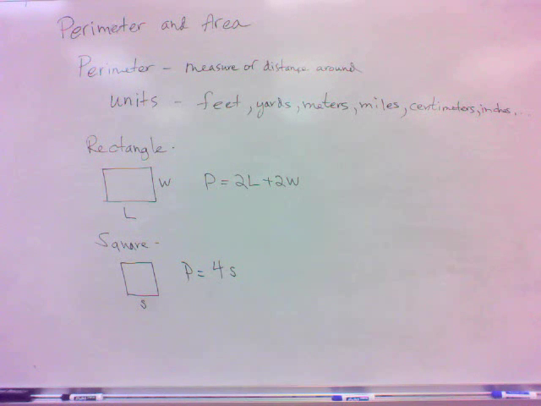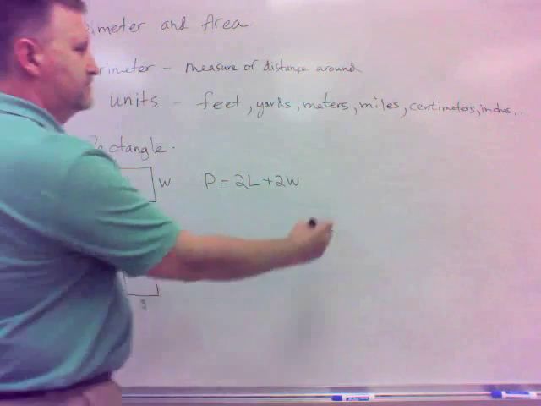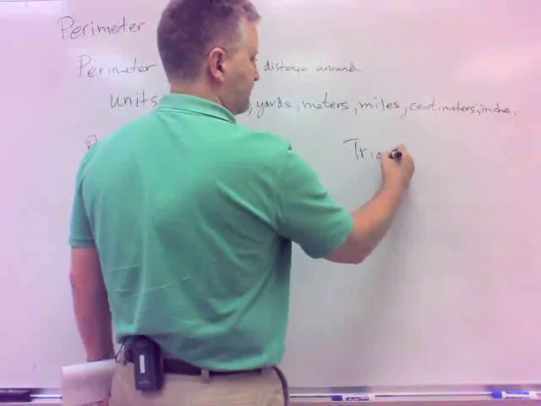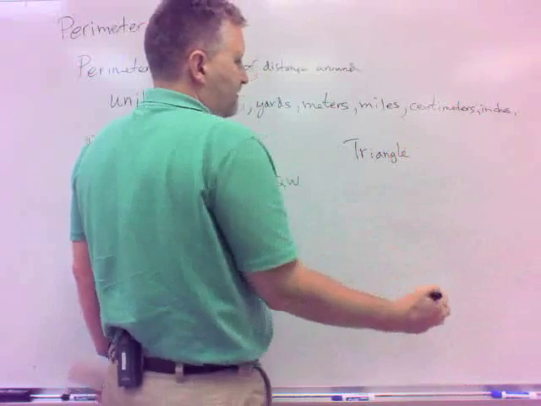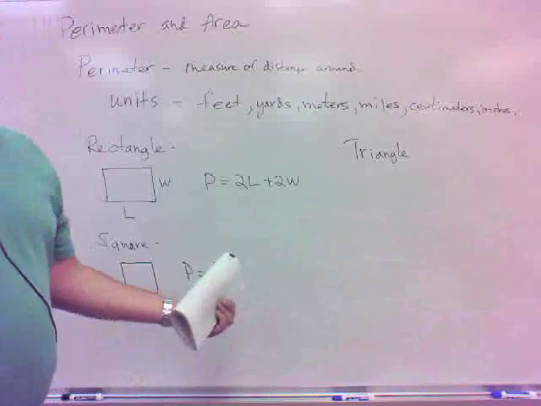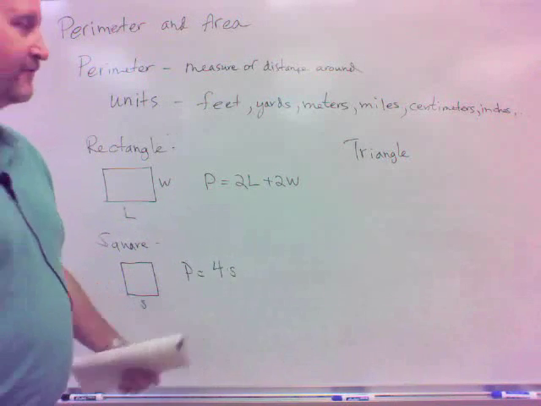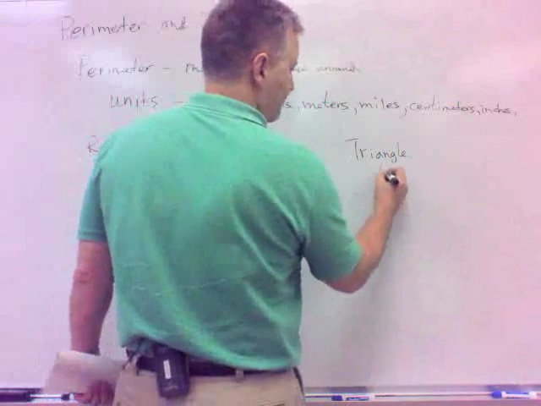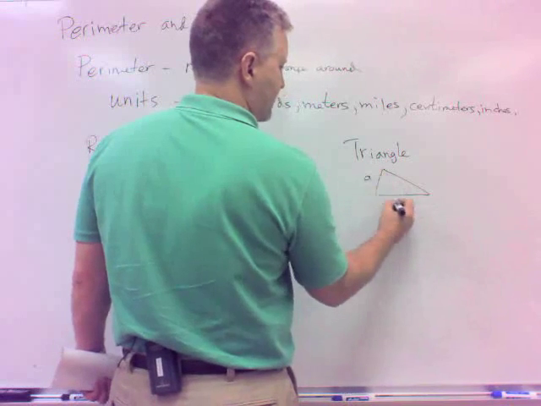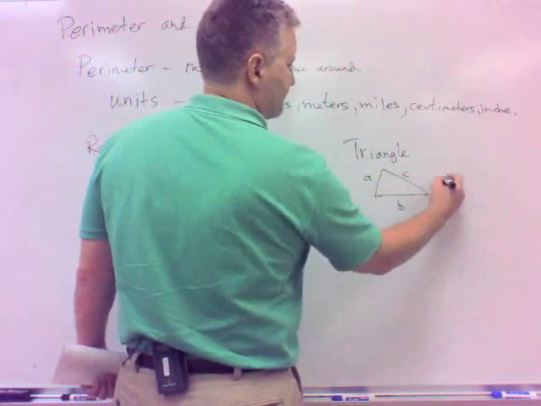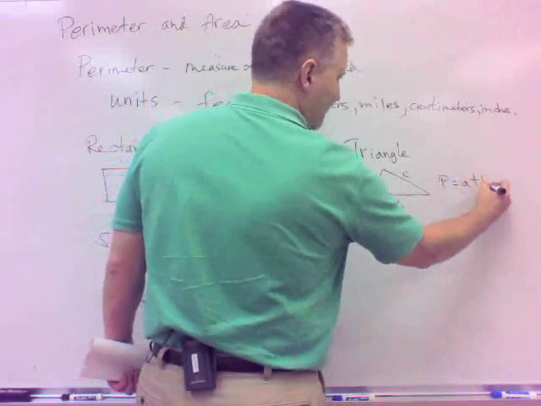There are others, but if I just have a triangle, on some triangles, 2 sides are the same. On some triangles, all 3 sides are. But no matter what, if that's A, that's B, that's C, then the perimeter is you just add the sides up, right?